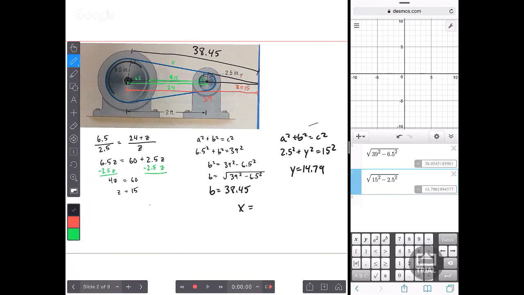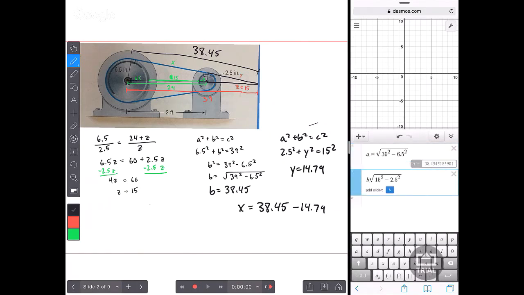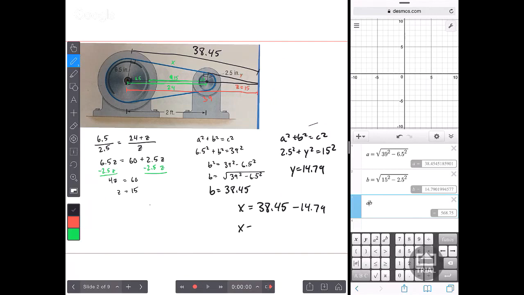And x equals 38.45 minus 14.79. So x, oh no, minus. 23.66.